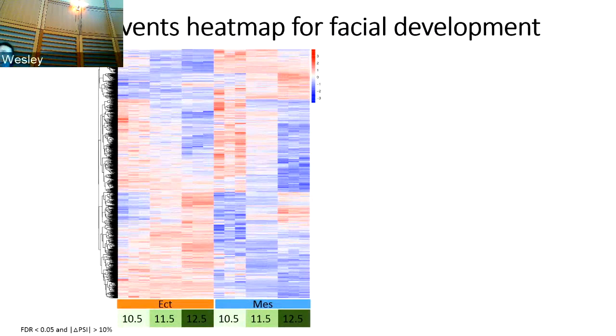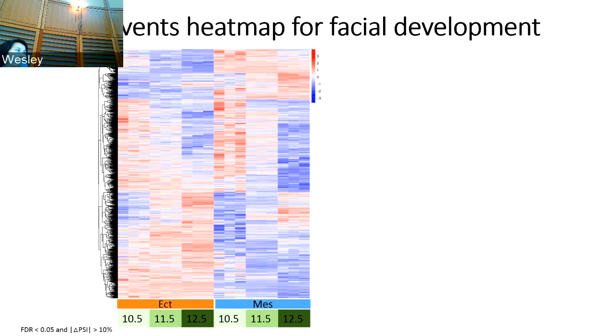To get a systematic view, after we've done all the comparisons between layers, between time points, and also between prominences, I combined all the PSI from each sample and made this heat map. Red means higher inclusion, blue means lower inclusion.